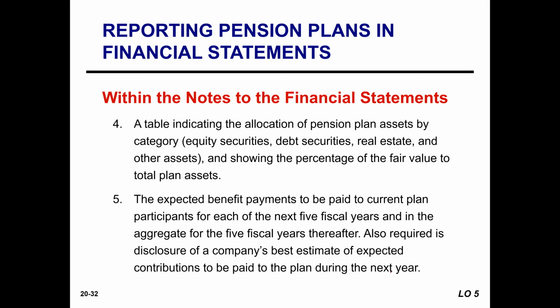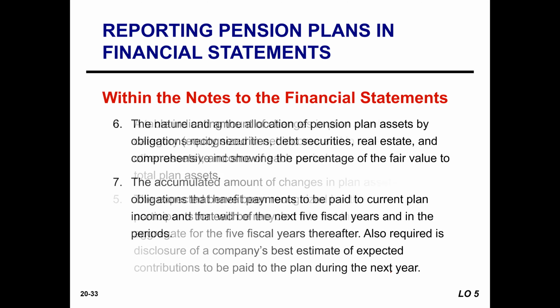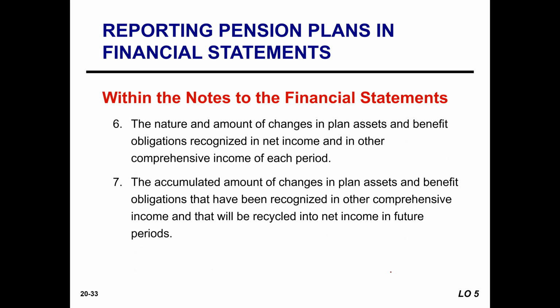thereafter. Also required is a disclosure of the company's best estimate of expected contributions to be paid to the plan during the next year. Number six, the nature and amount of changes in plan assets and benefit obligations recognized in net income and in other comprehensive income of each period.